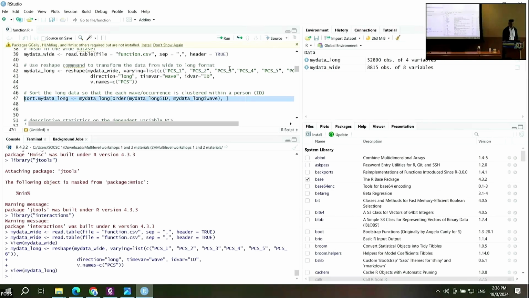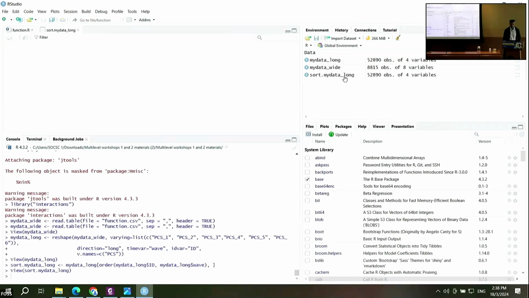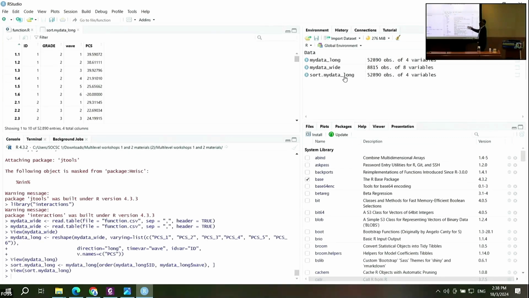So if you click that, it generates a new data set called sort data, the sorted longitudinal data set. And you click on that new data set, you'll see that it's been sorted in the right way. So the first 6 rows now relate entirely to person number 1, and they're clustered within these different waves, 1 to 6, and their physical health functioning scores.